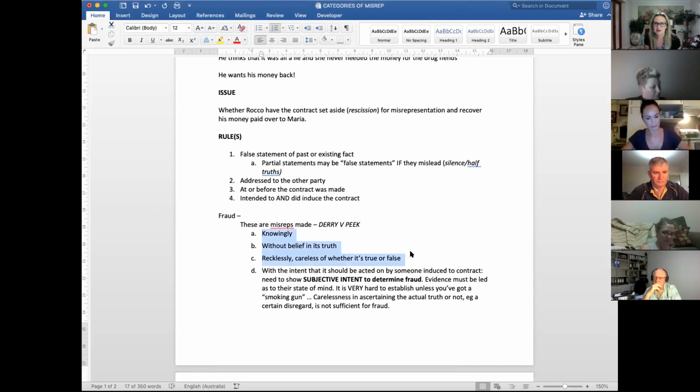Very high bar here. If you want to get out of this contract and say it was a vitiating factor, fraudulent misrepresentation, you have to show that the false representation was made knowingly.